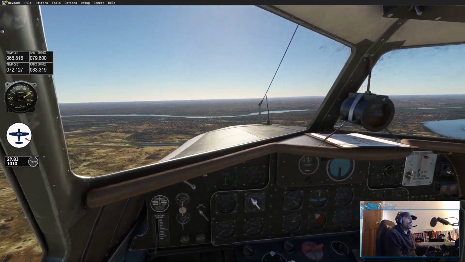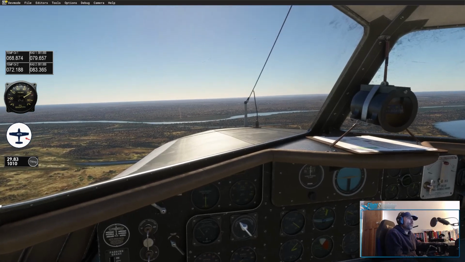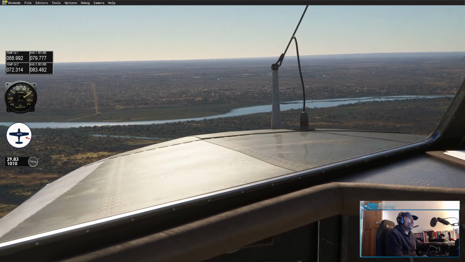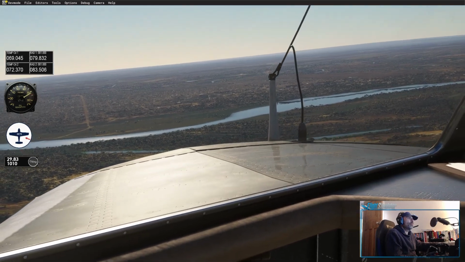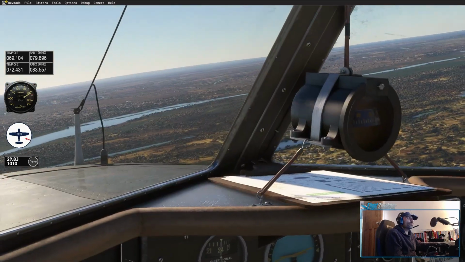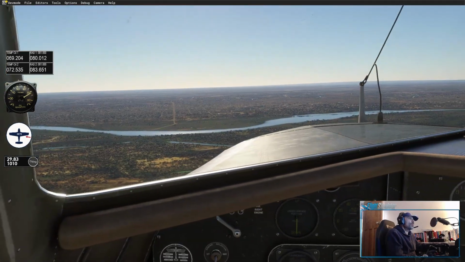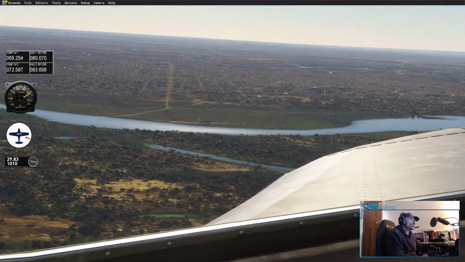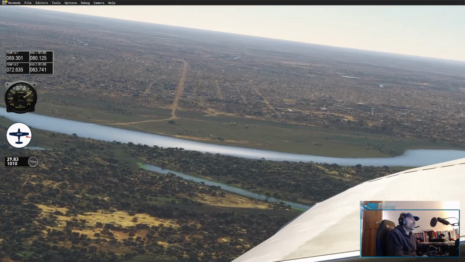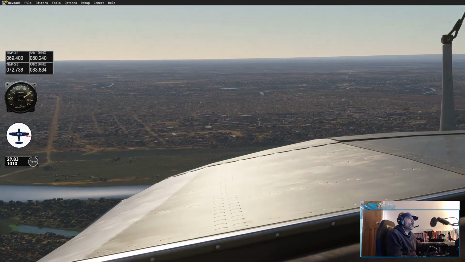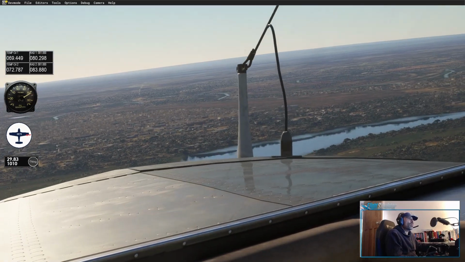I don't see anything else, isn't it? No, it's here. Not this one. Or is this one? Looks like a road. This is the runway.